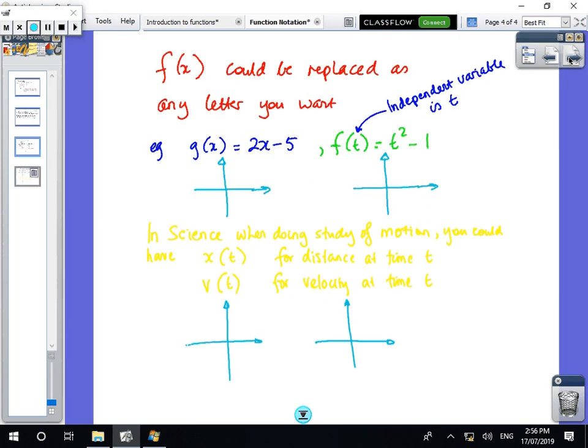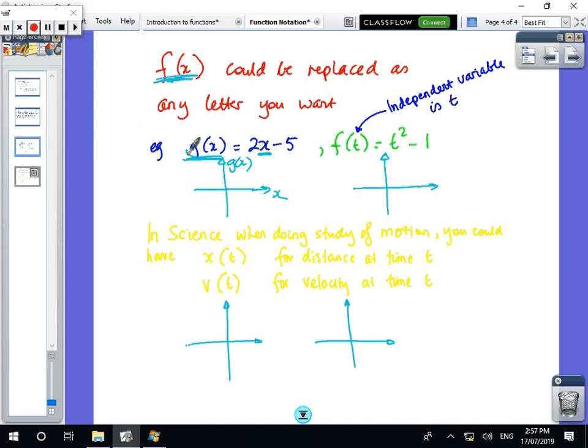So f(x), again, just what I was saying before, f(x) can be replaced by any letter you want to. So if I say g(x), then instead of plotting f(x), you'd have g(x) versus x. x is still the variable, but instead of having y or f(x), you've got g(x). And we can also change the independent variable.